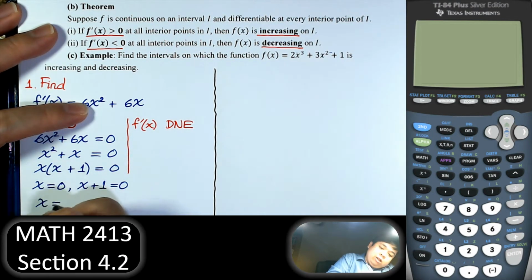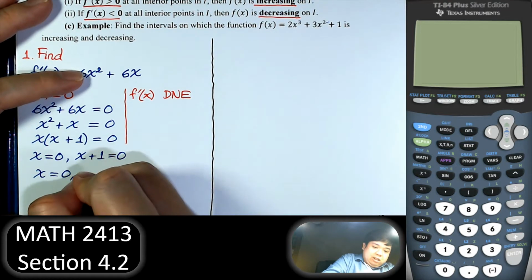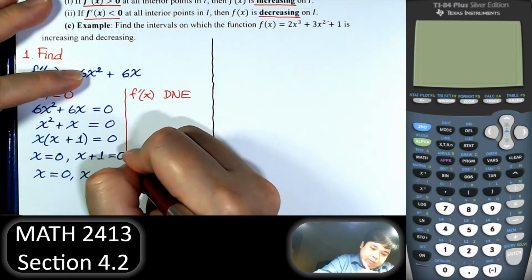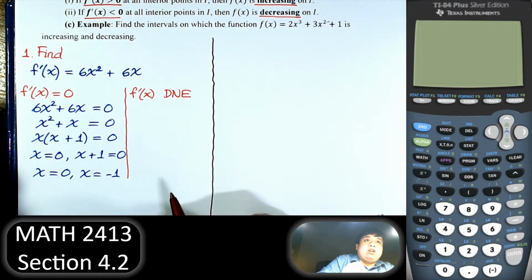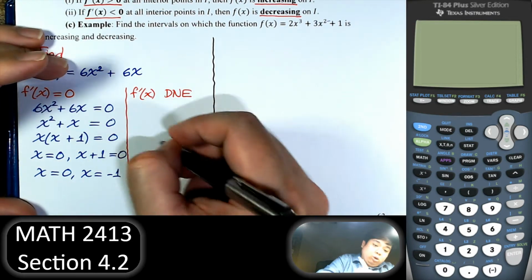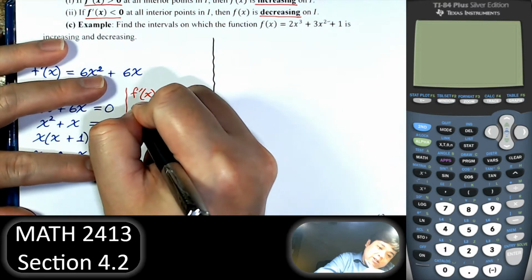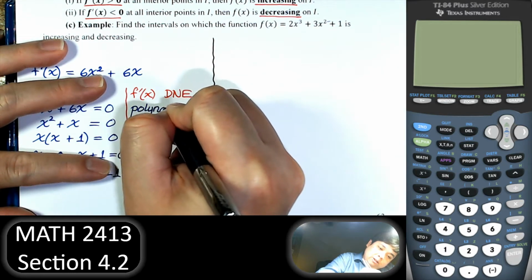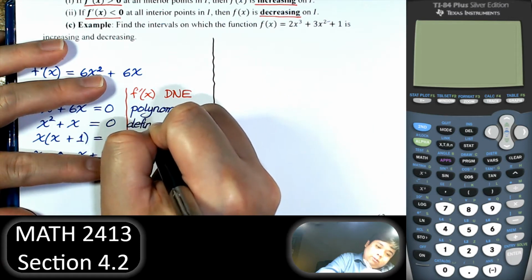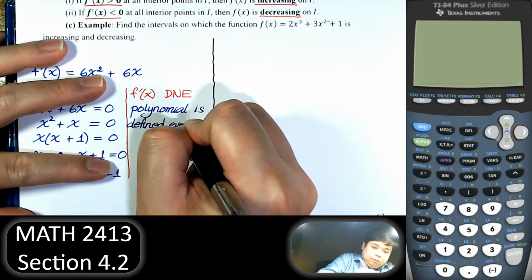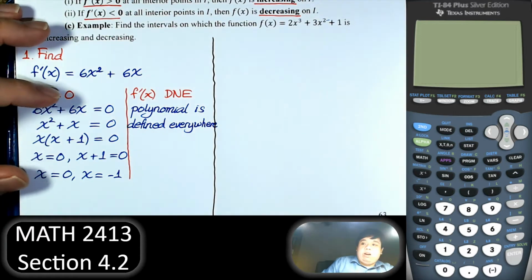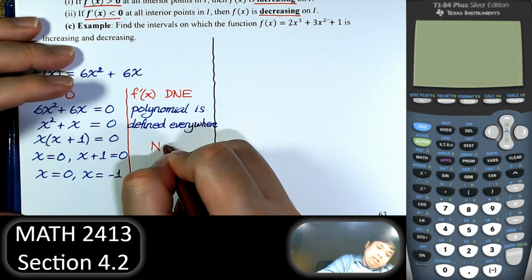So x equal to 0 or x equal to -1. Where it does not exist: this is a polynomial. It is defined everywhere, so there will be nothing here.